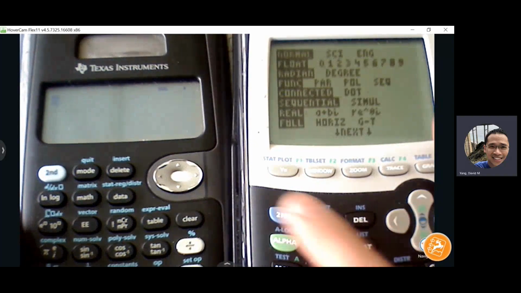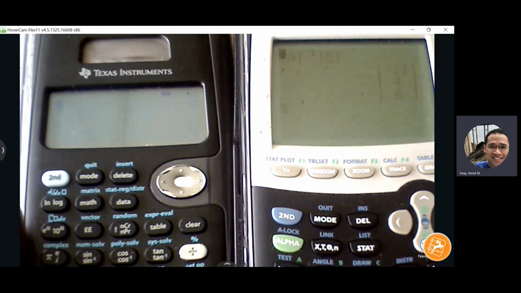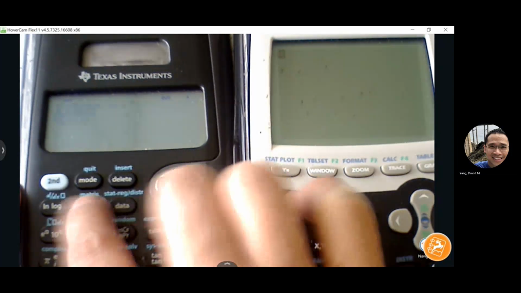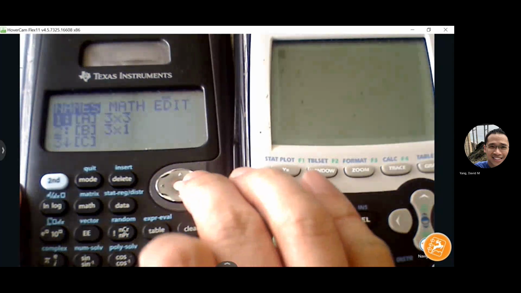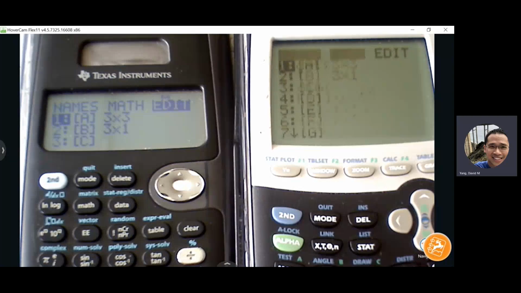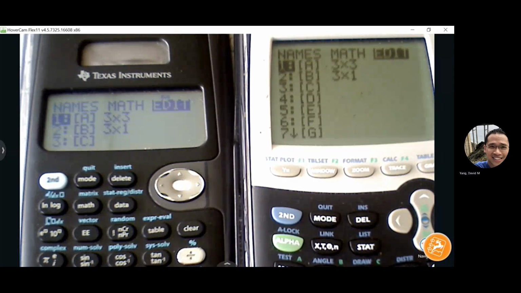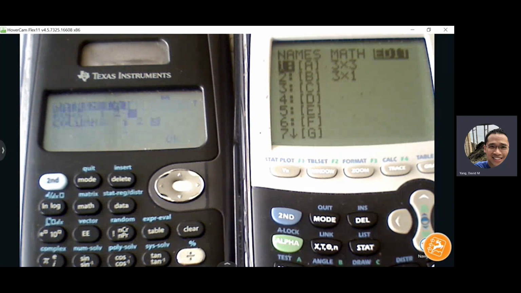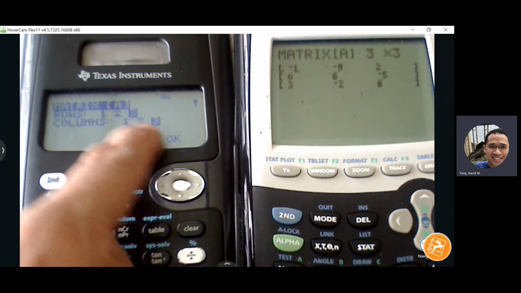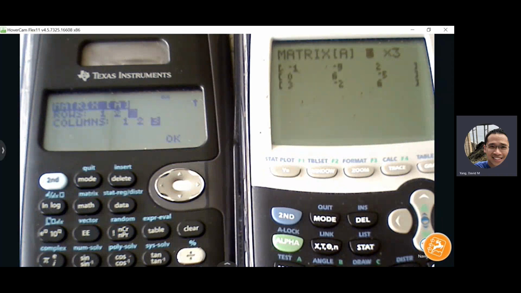So let me show the steps for both calculators. Okay, so from the home screen, you're going to go to matrix, edit. Same thing over here, matrix, edit. I want that first matrix to be a 3x3 matrix. So matrix A, let's edit matrix A. For your 36 Pro, you're going to have to scroll down and select the correct row and column.